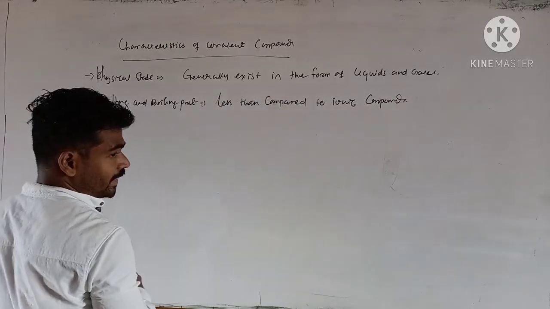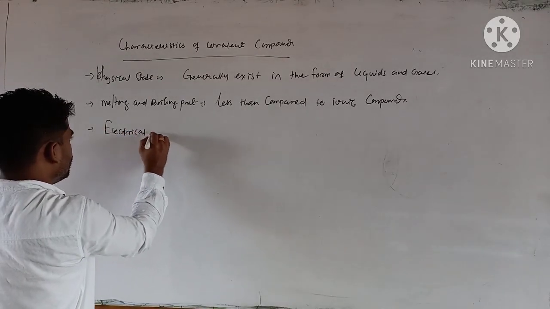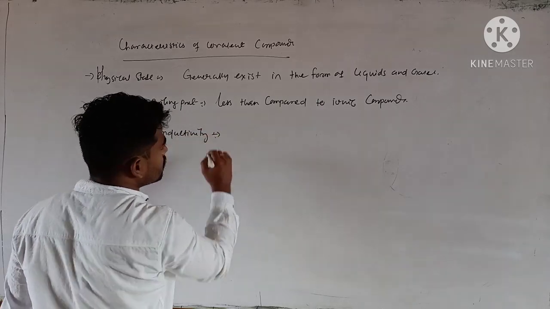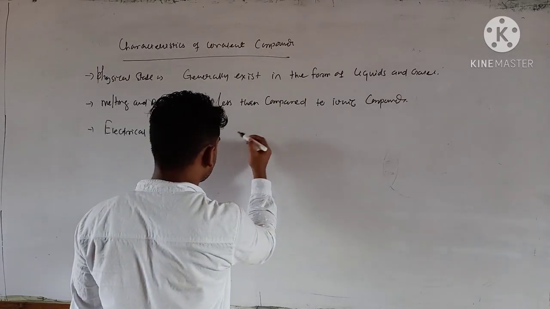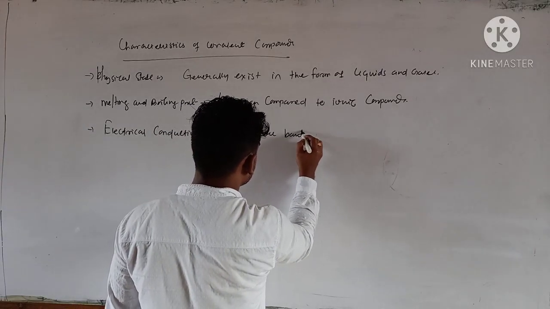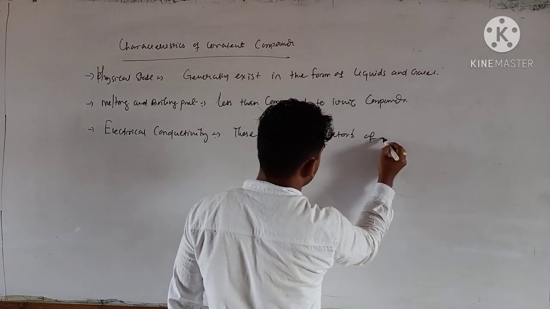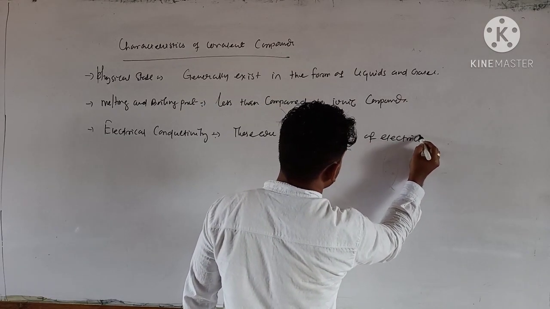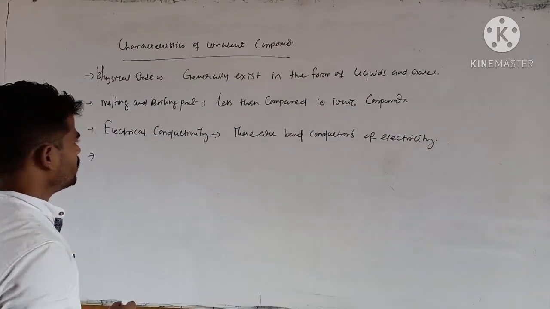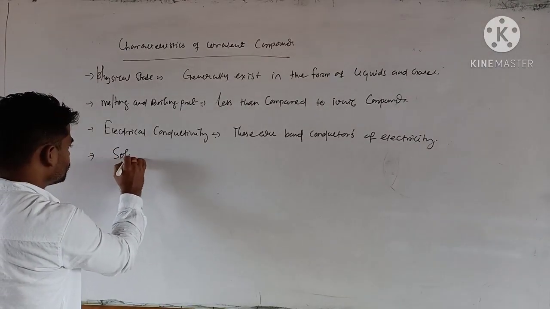Next, I can say electrical conductivity. We remember these covalent compounds are bad conductors of electricity. Next characteristic is solubility.